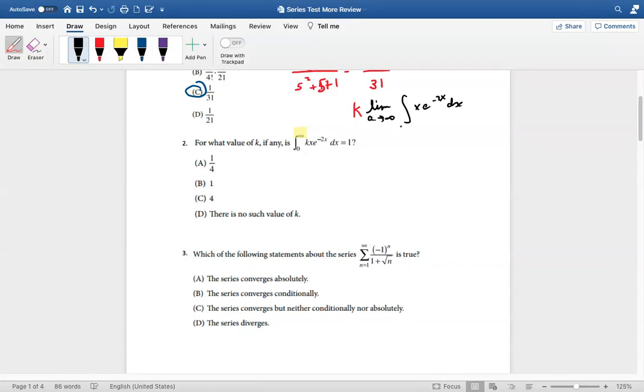I'm not going to worry about that k until I evaluate this improper integral, because they want to know, does that improper integral equal 1? So my strategy is to evaluate the integral first, evaluate the limit second, and then say what k times that evaluated integral with the limit is equal to 1. So that's my strategy.